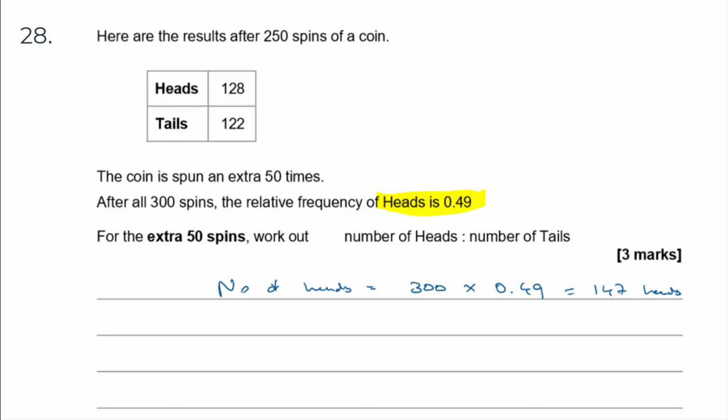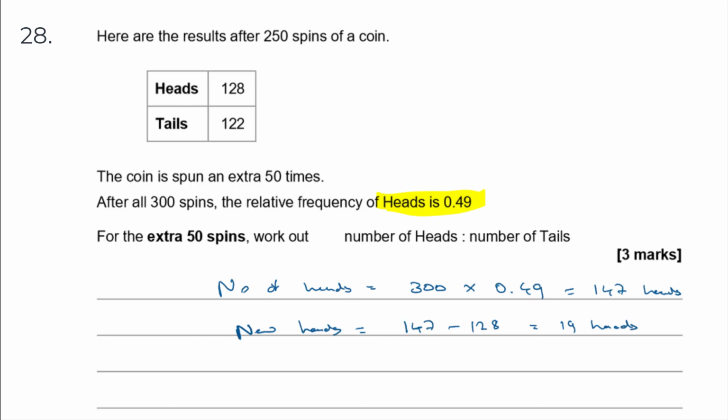So the number of new heads is going to be the number of heads altogether minus the number of old heads, which was 128. What's the difference then? So there must have been another 19 heads then in the last 50 trials.